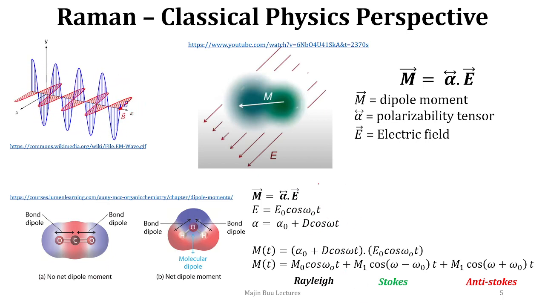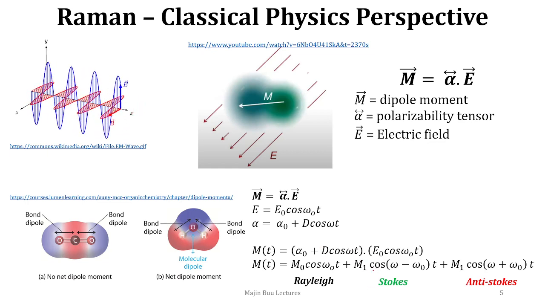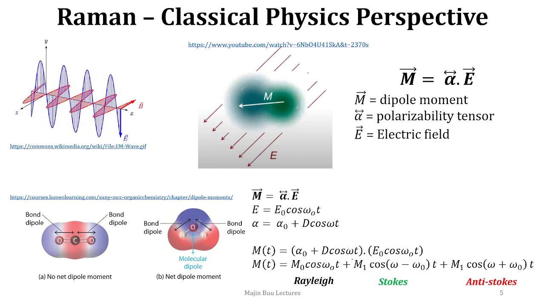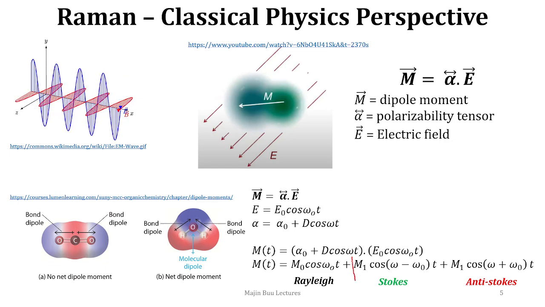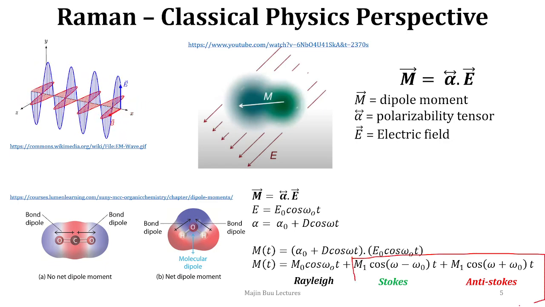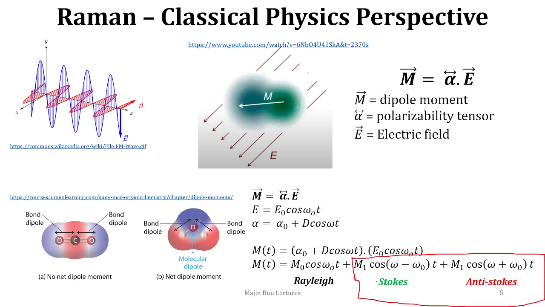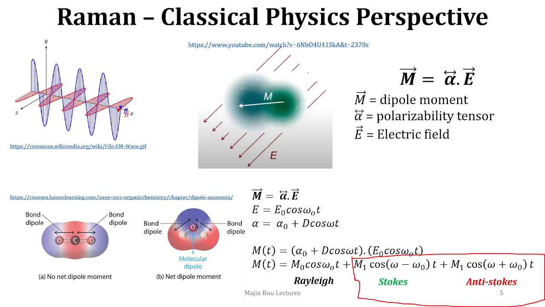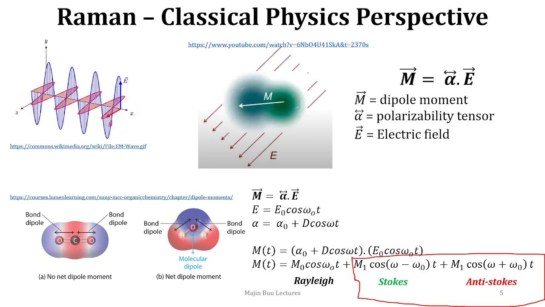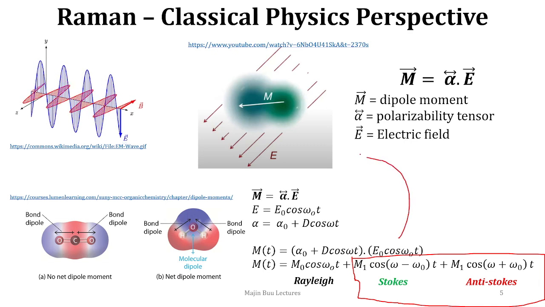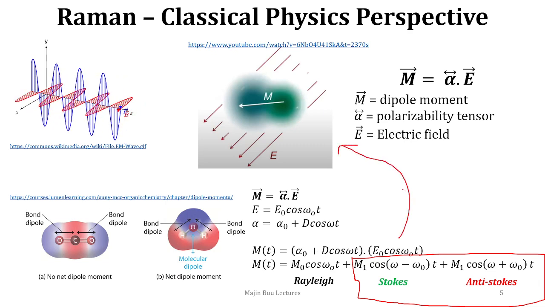Now, in case of Raman, the thing that is of interest is essentially the Stokes and the anti-Stokes scattering, which possess energy lesser or greater than the incident energy, which gives information about the system that is being studied.